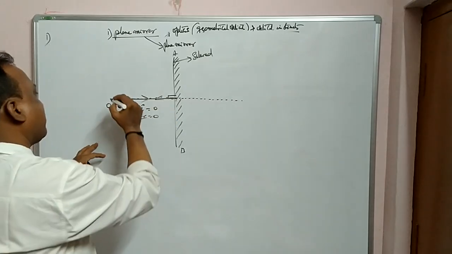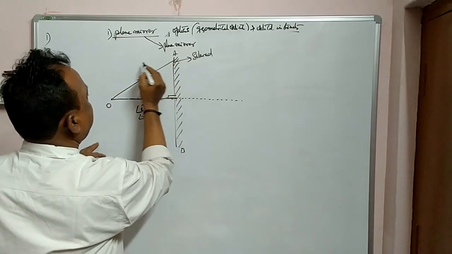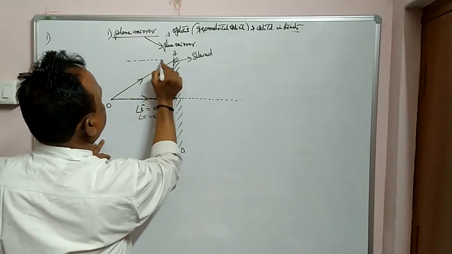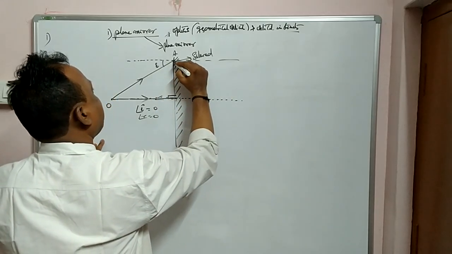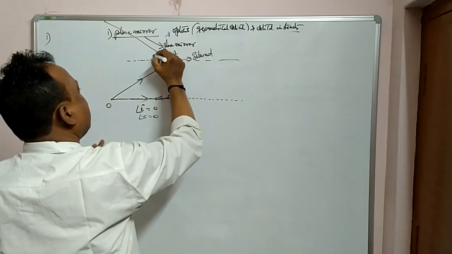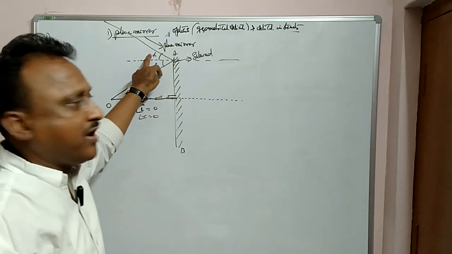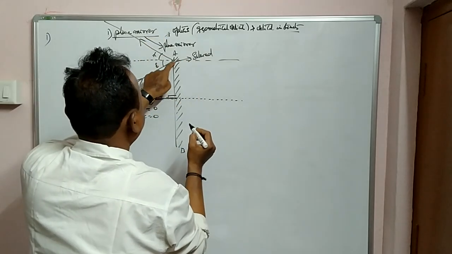One more light ray తీసుకున్నాను, one more I will take in this fashion, and here I will draw one more normal. Let this be the angle of incidence. Now this light will go like this, reflected ray, and we know angle of incidence is equal to angle of reflection from the law. Now actually this light is not going from here.